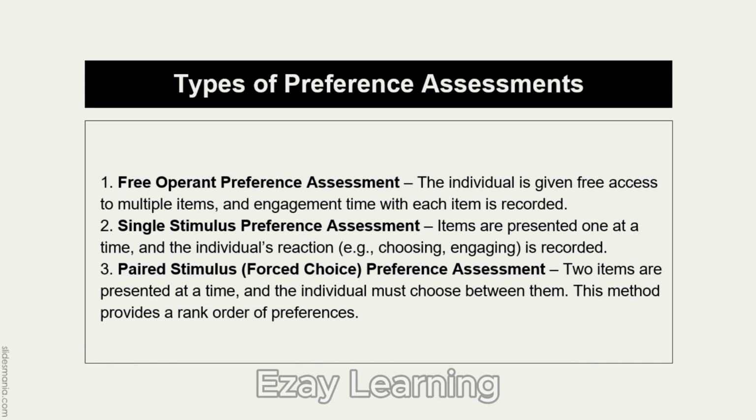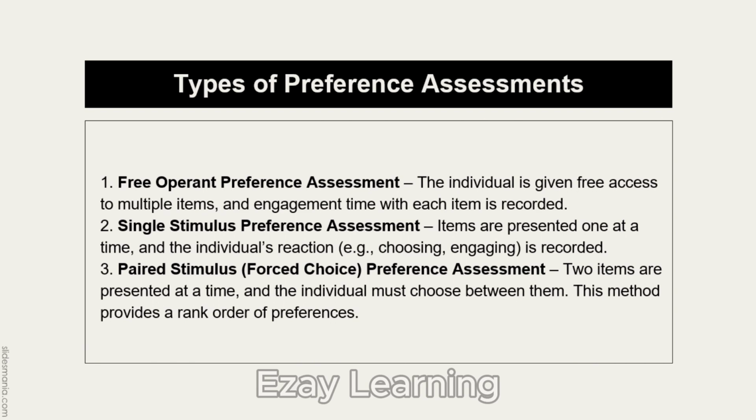The first is free operant preference assessment. In this assessment, the individual is given free access to multiple items and engagement time with each item is recorded. So for example, you will add multiple items in a therapy room, in a session room, and you will record the engagement time of the client with each item. You won't give the items directly to the client.